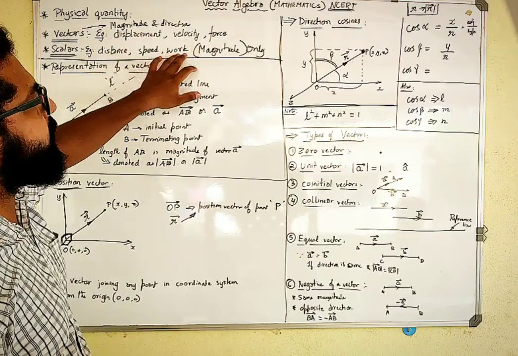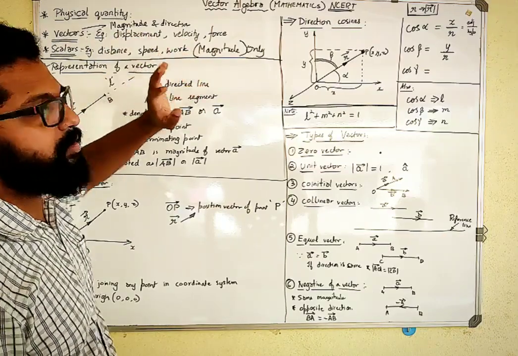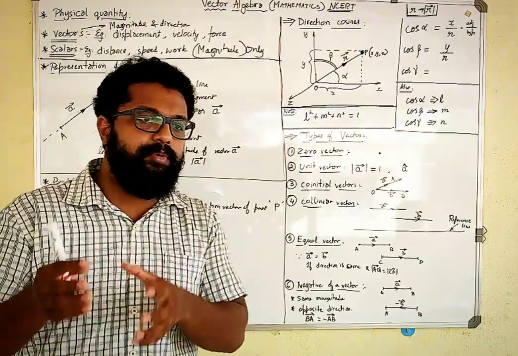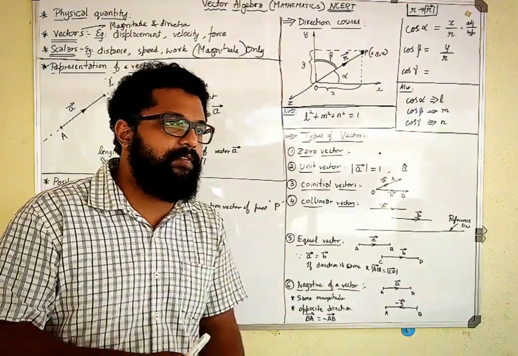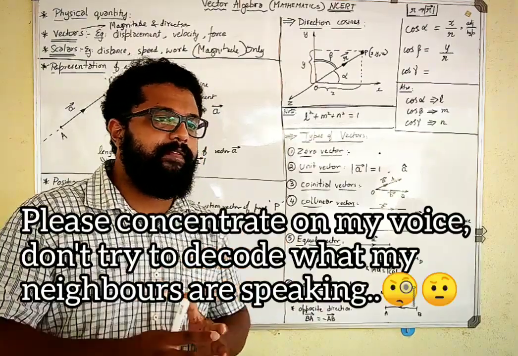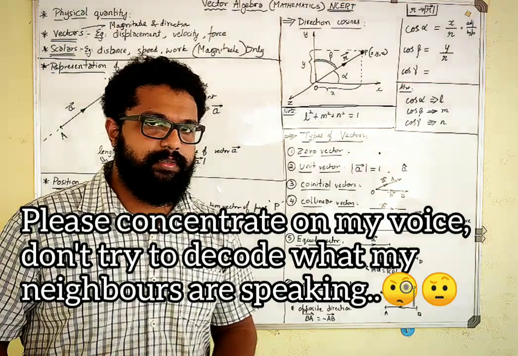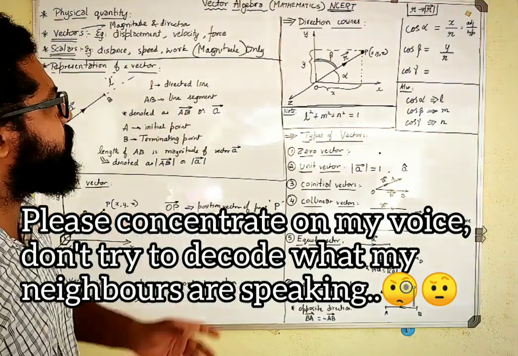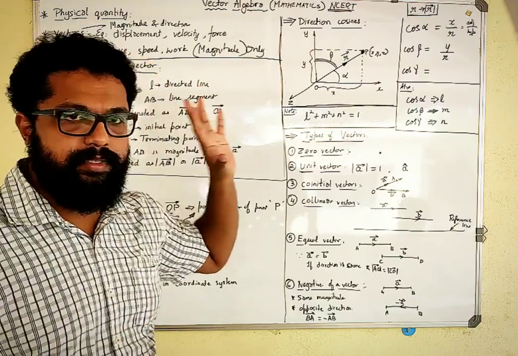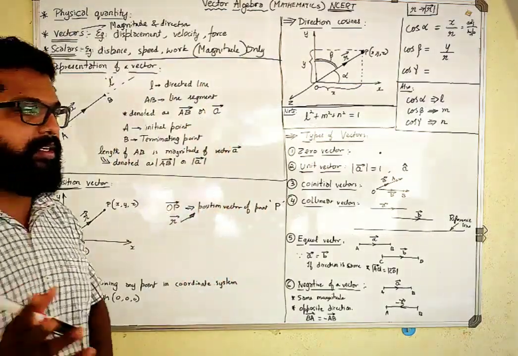Another example of a scalar is work, which has only magnitude. I can say I'm doing a certain amount of work, for example 10 joules, but I cannot tell in which direction the work is done. That is what we are talking about when it comes to scalars and vectors. I hope it is clear enough. Any doubts? Please let me know.